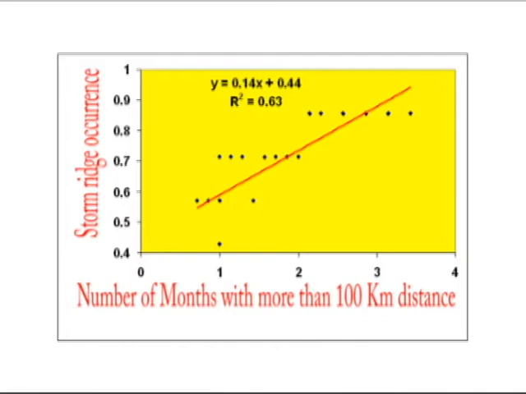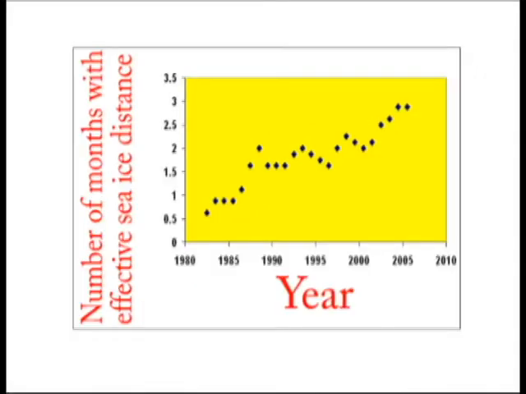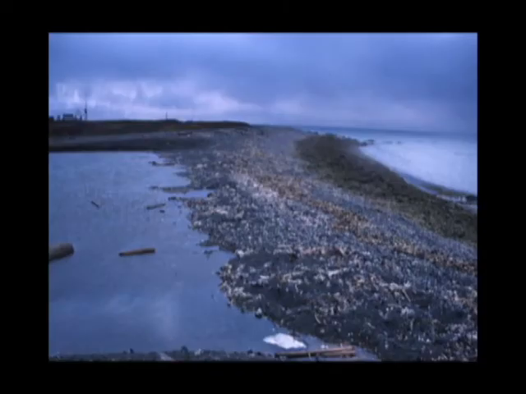It means that ridges are formed within a few months. The data shows there is an increase of effective sea ice distance during the past decades. It means storm ridge occurrence will be a normal phenomenon within a few years.